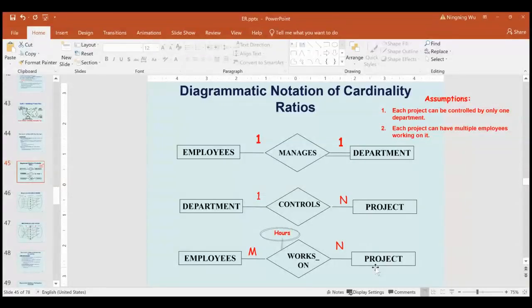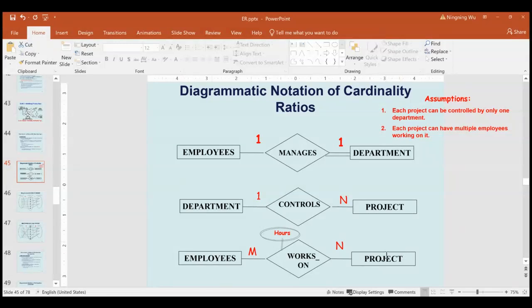So an employee can participate in more than one works on relationship instance. Remember that one relationship instance can only relate one entity from an entity type with one entity from another entity type. So one works on relationship instance only relates one employee with one project.